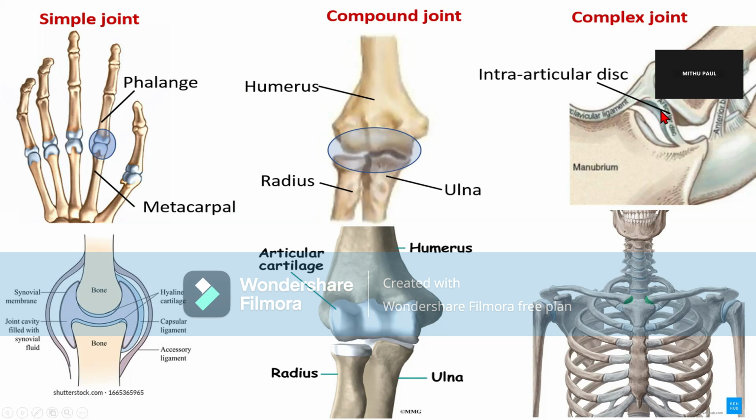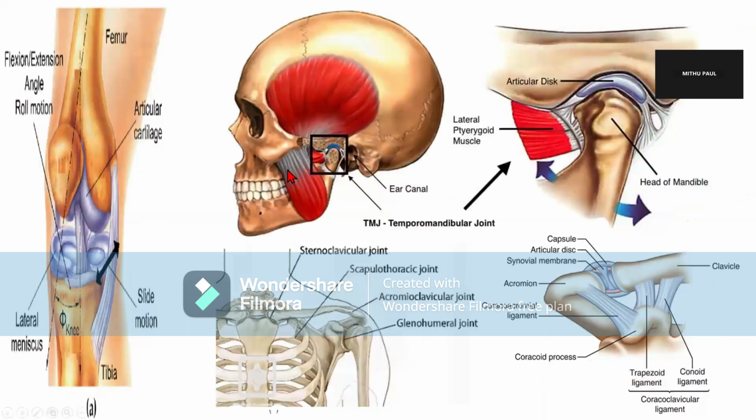Some more examples. Coming to the knee joint, the joint cavity is incompletely divided into two parts via two menisci from both sides, medial and lateral meniscus. And this is again a complex joint. This is the temporomandibular joint, the only mobile joint of your skull, where the condyle of the mandible is articulating with the glenoid fossa of the temporal bone.